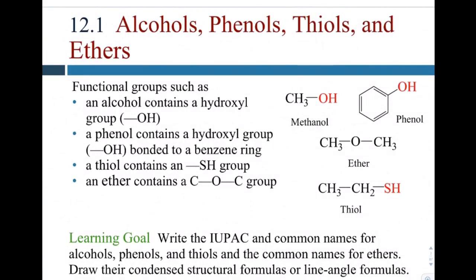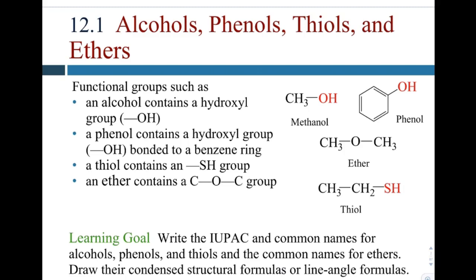If you're looking for what classifies something as an alcohol or phenol, thiol, or ether, for an alcohol, you're going to look for a hydroxyl group. Like hydroxide is OH minus 1. Hydroxyl is a side group, it's not really a side chain because it's the main functional group of an alcohol.